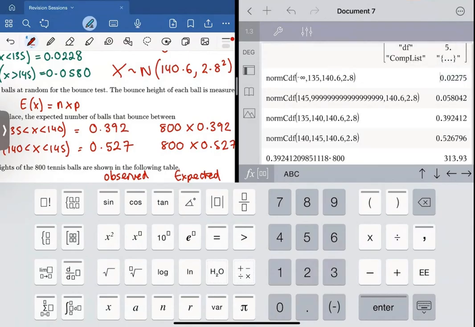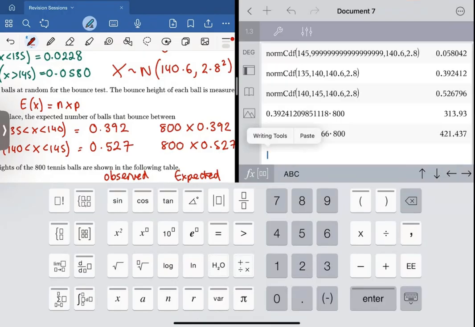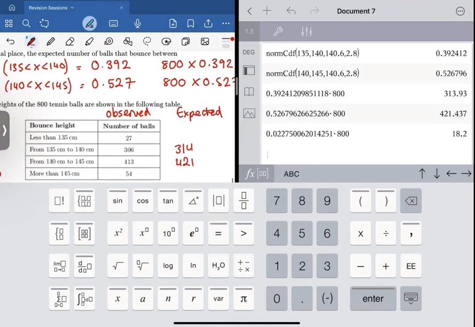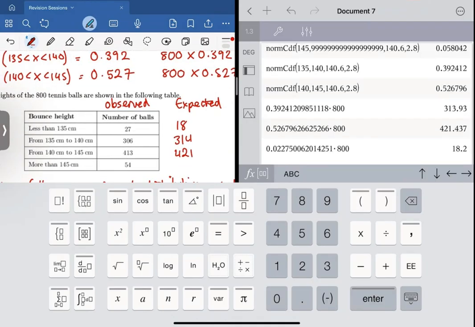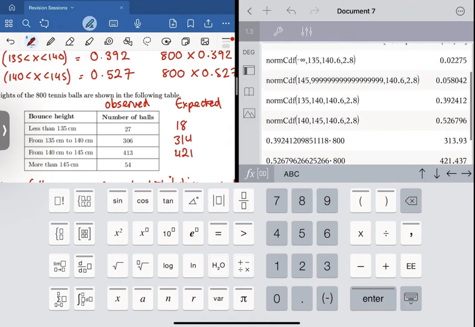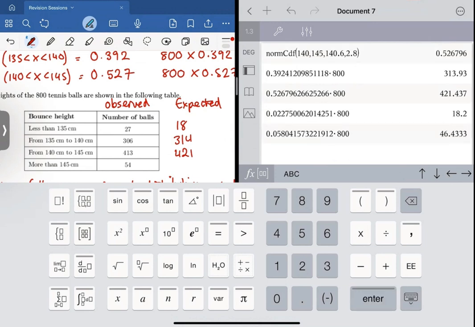Let's copy that one, and paste times 800. 18.2, we're going to round that to 18. And then the last one was 0.058, and times that by 800. I can't recommend going back and using the unrounded versions of your answers when you're going to use the number in another calculation. So 46.4, we're going to say that's 46.